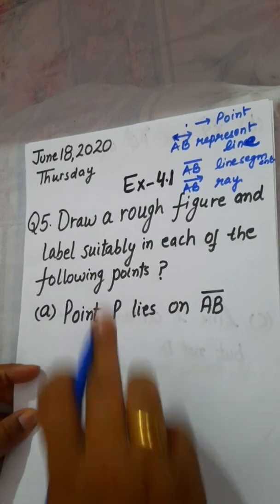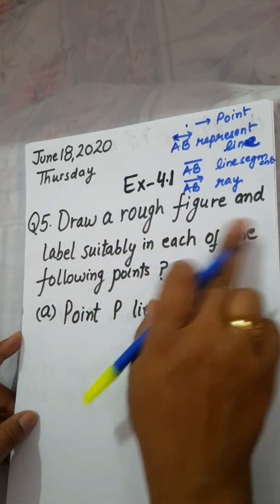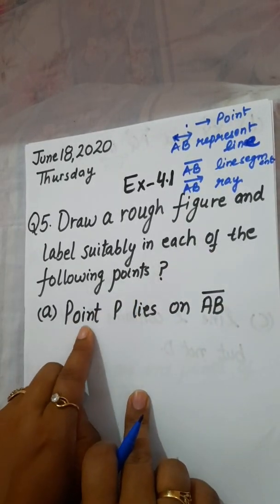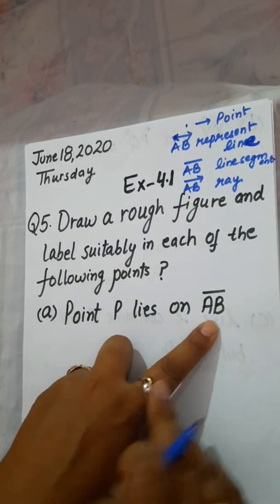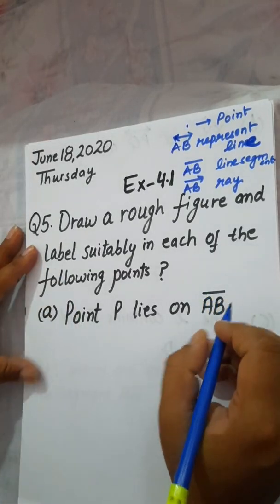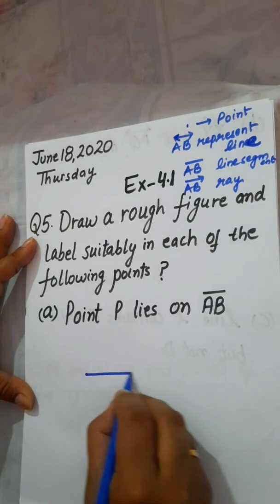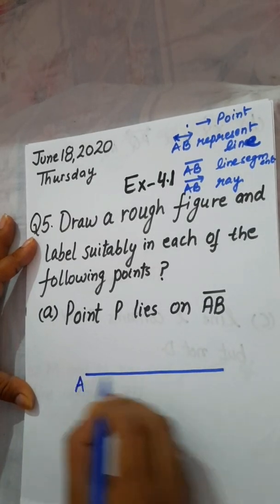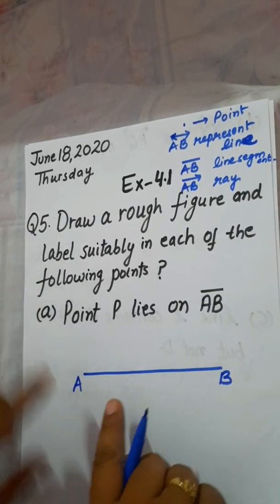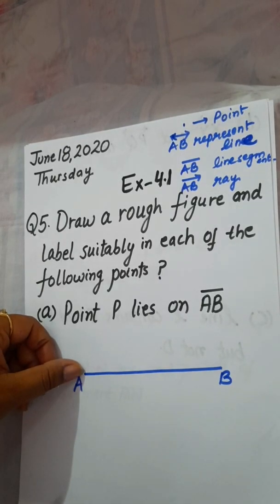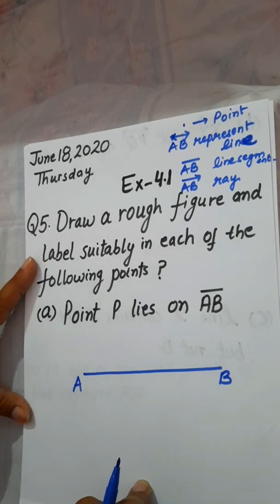Now we have question number 5. Draw a rough figure and label suitably in each of the following parts. First part is point P lies on AB, and this symbol represents a line segment. So for this you have to draw a line segment, in which the starting point and ending point are fixed.